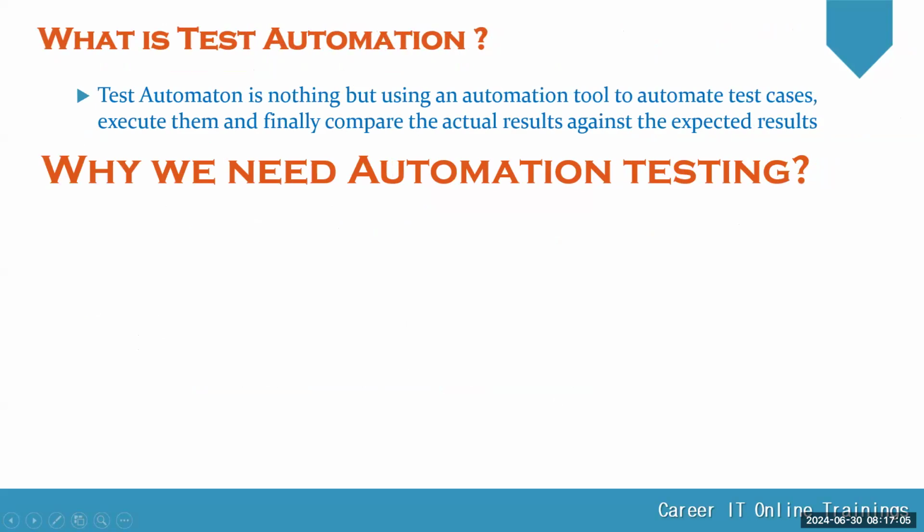So what is automation testing and why do we need to do it? Obviously, what is automation? As I told earlier, we are using one software to validate another software. The software which you use to test another software, we call an automation tool.